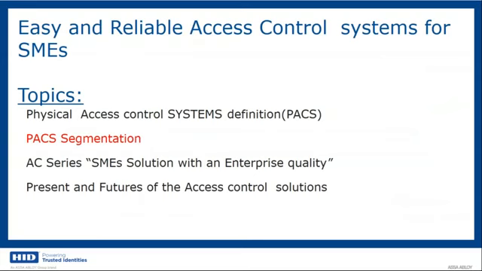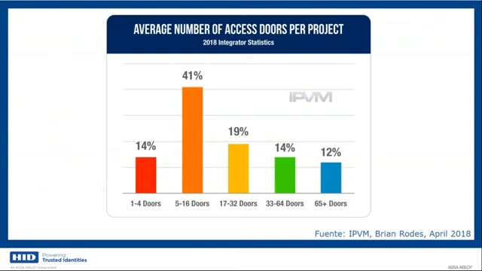Now, we're going to talk a little bit about the market and how this market is divided in different segments, okay? This is a study that was done by EPDM in Brazil, and it shows us the percentage of solutions that normally are installed in the market regarding the number of doors that the solution needs.